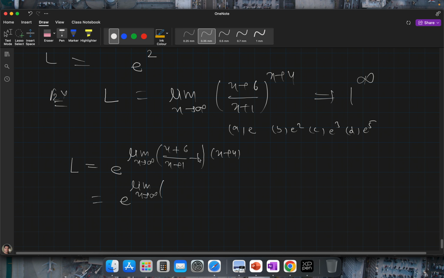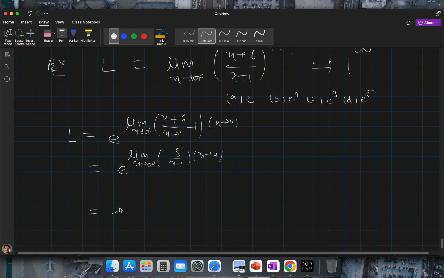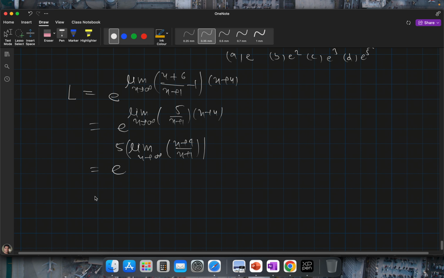So when you take the LCM, x will be cancelled out. This will become 5 divided by (x plus 1) into (x plus 4). Now this will be 5 times limit x approaching infinity, (x plus 4) divided by (x plus 1). Now you can see that there is another problem, and that is nothing but this.